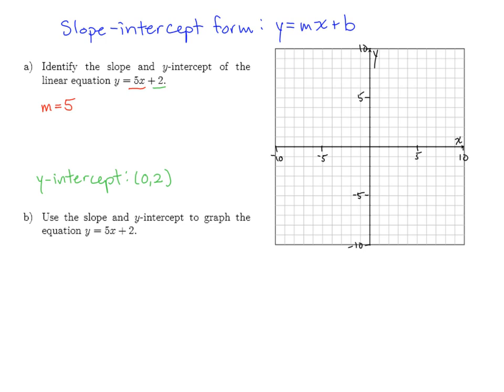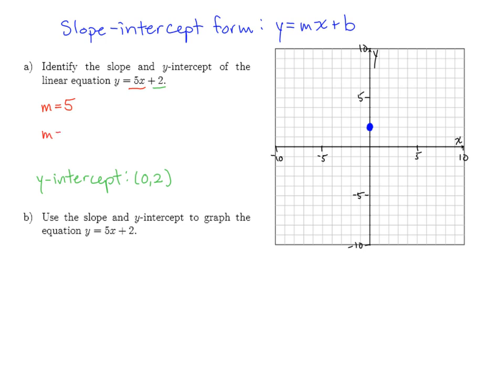Okay, so starting with our point 0, 2, we'll go to where x is 0 and y is 2 to plot this. And then we're going to use that slope of 5 to find additional points. With 5, it can be hard to see this as a ratio, so it's important to remember that every integer can be written as a fraction of itself over 1.